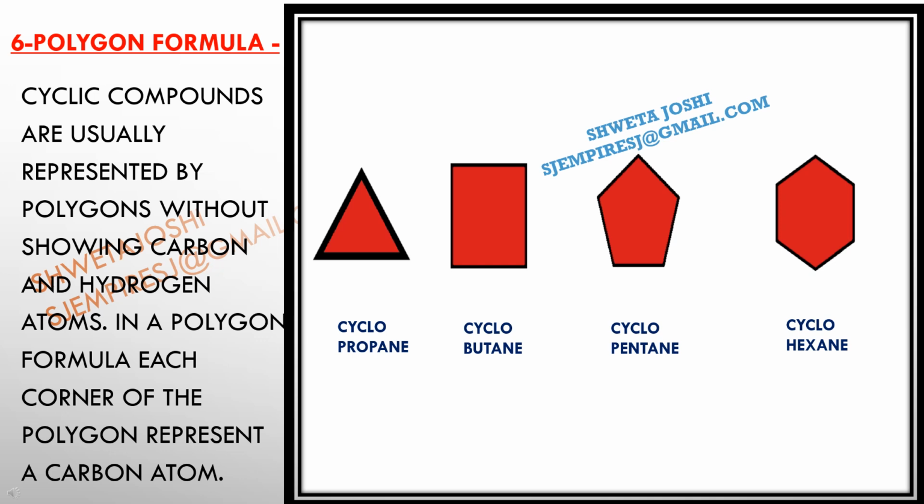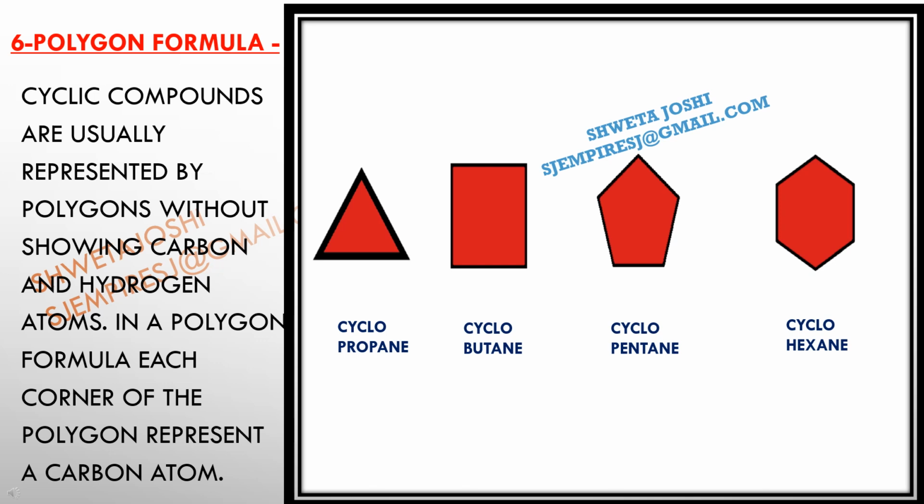Our sixth formula is polygon formula. Cyclic compounds are usually represented by polygons without showing carbon and hydrogen atoms. In a polygon formula, each corner of the polygon represents a carbon atom. As we can see in our first example, there are 3 corners.